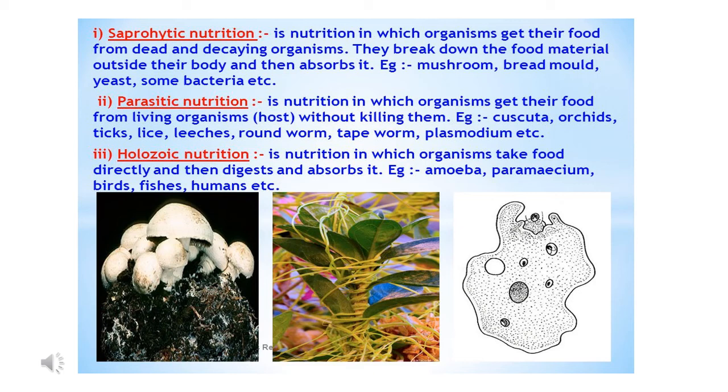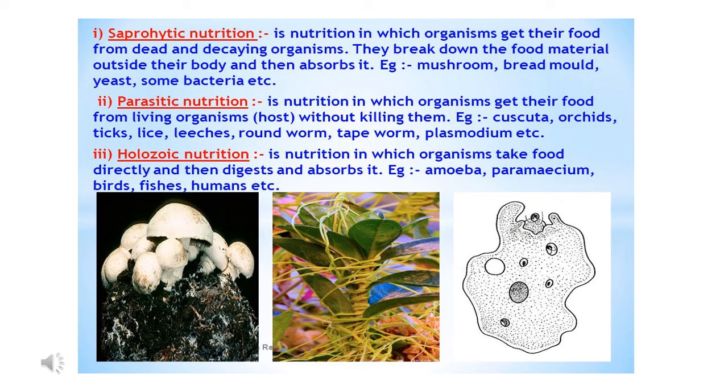Next type of nutrition is parasitic. Now we all have heard about many parasites. So here parasites are basically those organisms which get their food from living organisms. So not the dead ones, but the ones who are still living, the alive ones.